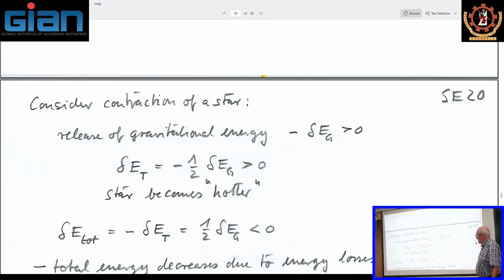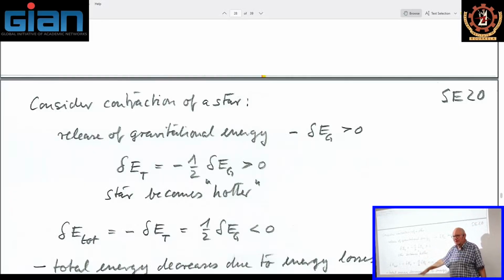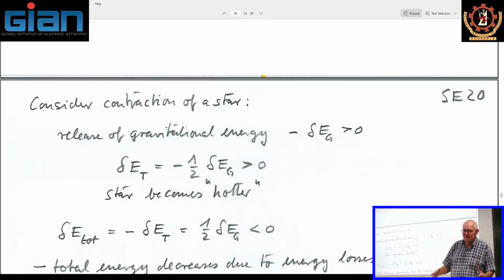So we have the result that a decrease of the total energy is always associated with an increase of the thermal energy. So this is a system which, once it loses energy, becomes hotter. This is very counterintuitive.